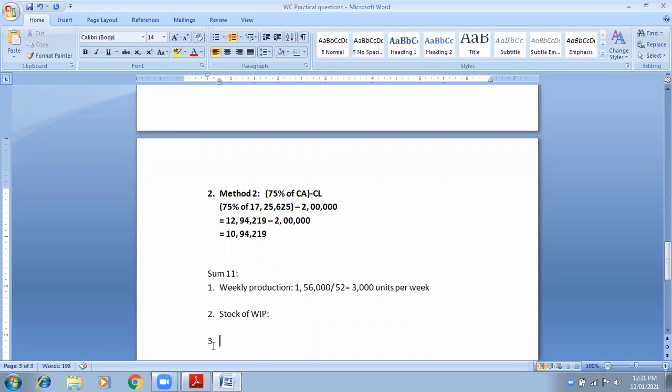For this, we need to take a base. The base will be taken as 100% of raw material, 50% wages, and the next 50% will be overheads. Go on writing 50% wages, and another 50% will be for overheads.